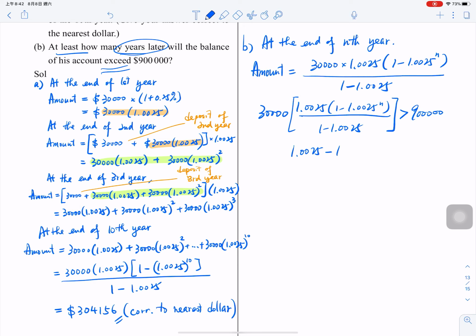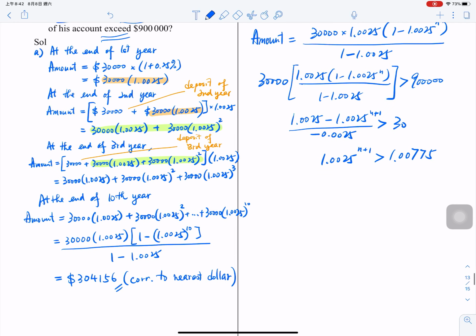1.0025 minus 1.0025 to the power n, and here negative 0.0025 greater than 30, right? Here n plus 1, sorry. So after simplifying, I write faster. This one becomes 1.0025 to the power n plus 1, okay, greater than 1.00775.